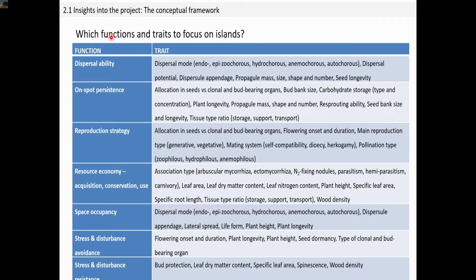Or if one is more interested in the ability of plants to occupy space, one can focus more on the other traits associated with space occupancy. But if one is interested in the entire functional syndrome of the plants on the insular system, well, that's more tricky. We should collect at least one trait for each. We should tick every single box with at least one trait per function.